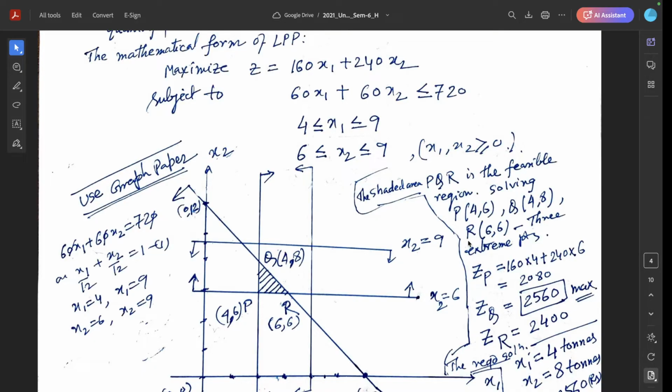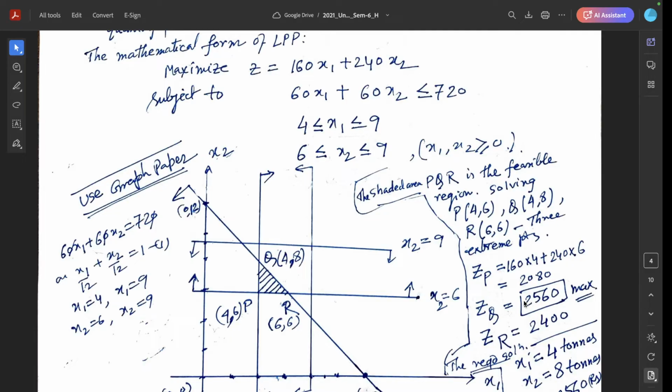Because we know that for a finite convex region, the maximum or minimum of the objective function is attained at a vertex point. So ZP at this point is equal to 2080 rupees, ZQ at the point Q (4, 8) is 2560, and ZR is 2400.